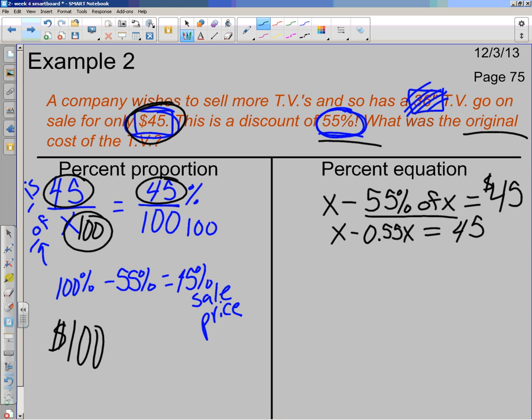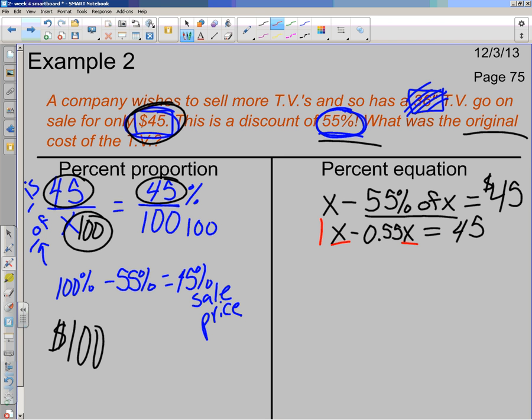Let's go back to combining like terms. Remember how I've told you over and over again, mathematicians are lazy? And there's a 1 right there in front of that X. So if I were to combine these like terms, and I know they're like terms because they have the exact same variable, I would simply subtract my coefficients.